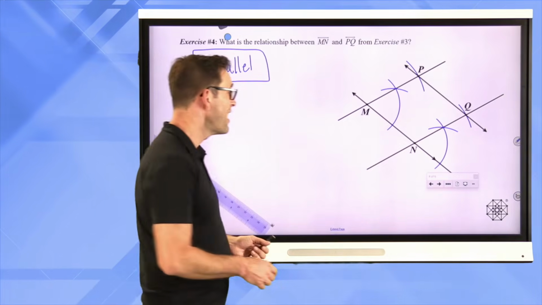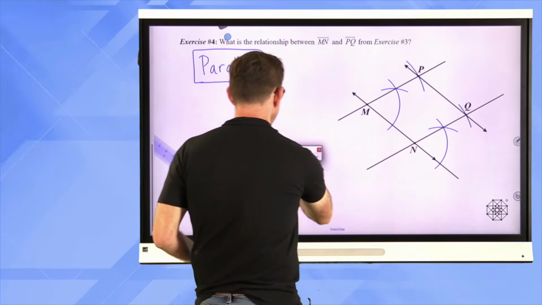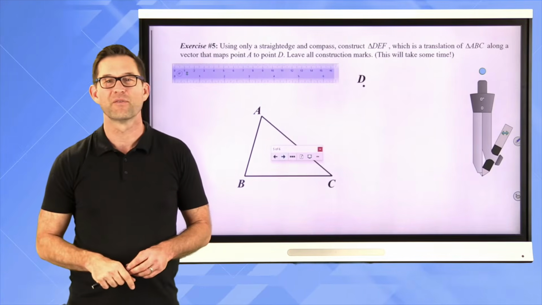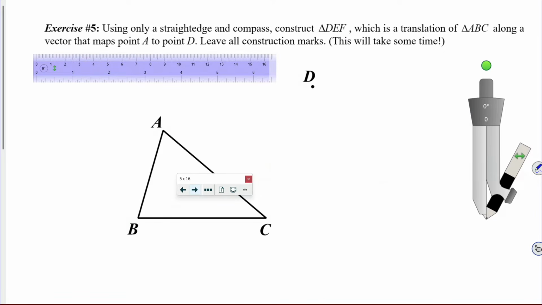Okay, so now let's do a tough one, or at least what I think is going to be a tricky one. Let's take a look at exercise number 5. Using only a straight edge and compass, construct triangle DEF, which is a translation of triangle ABC, along a vector that maps point A to point D. Leave all construction marks. This will take some time!